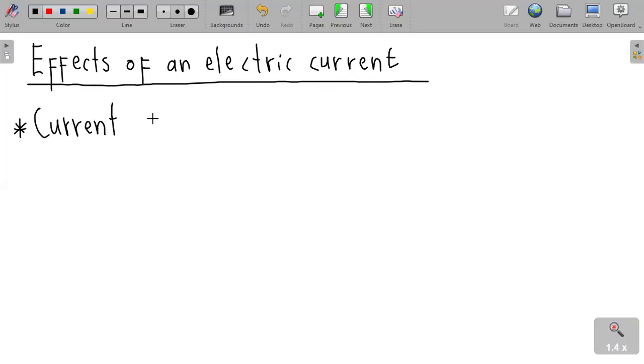We know that current can heat a resistance wire.